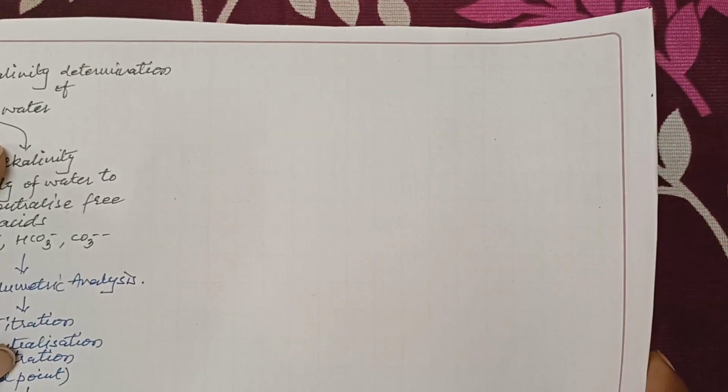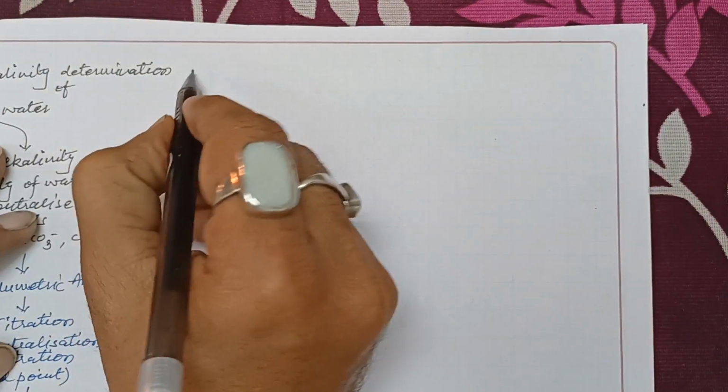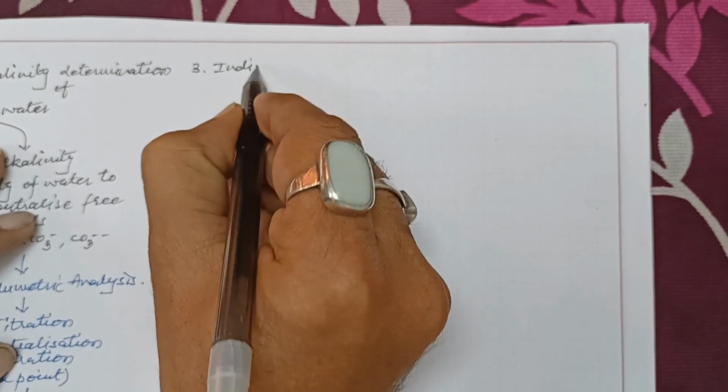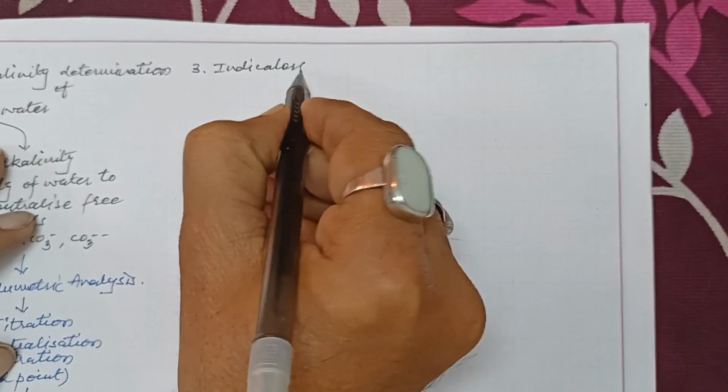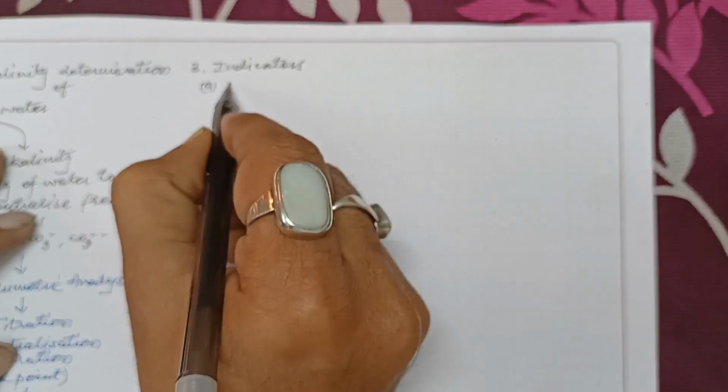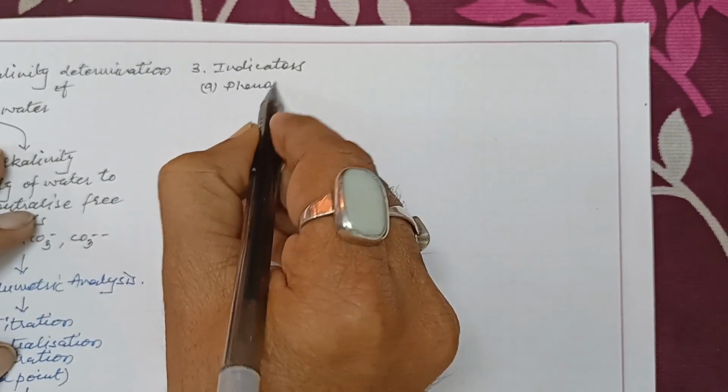The third requirement is indicators. We use two types of indicator for this particular practical. The first one is phenolphthalein.